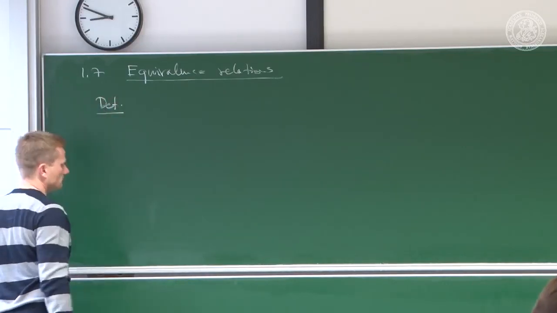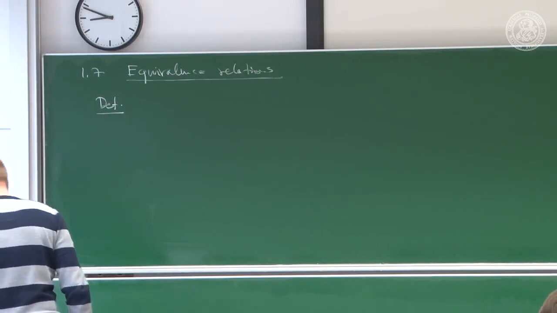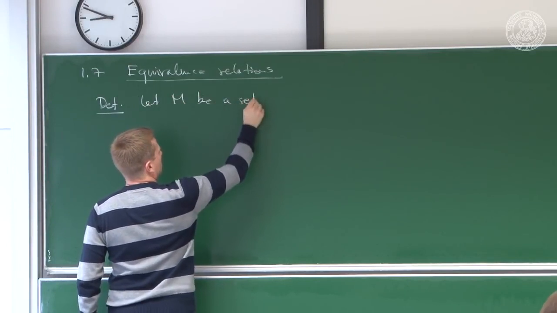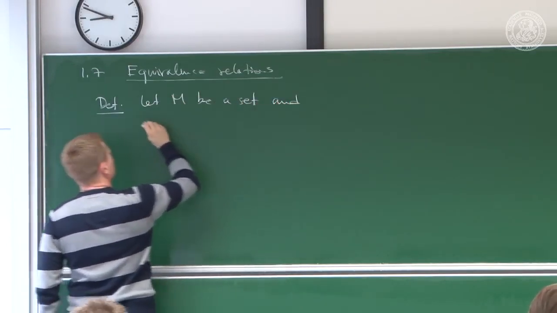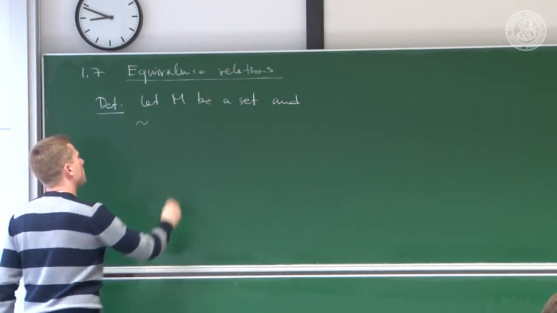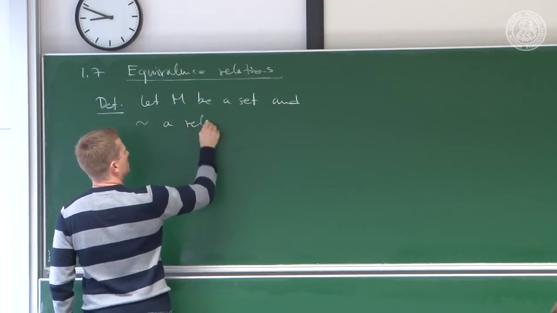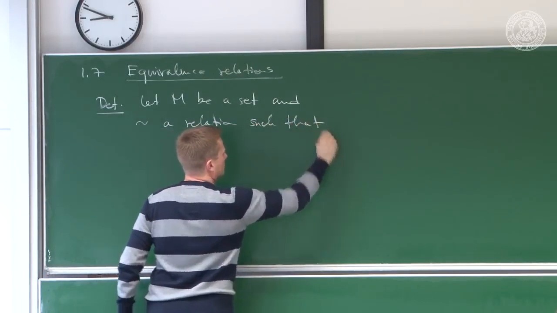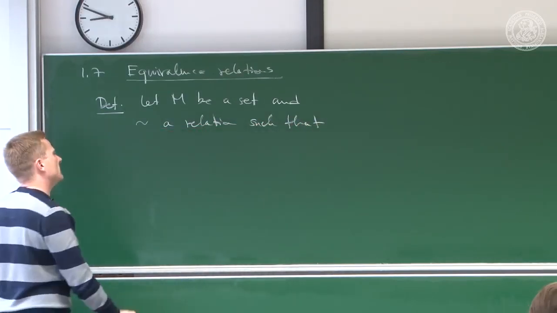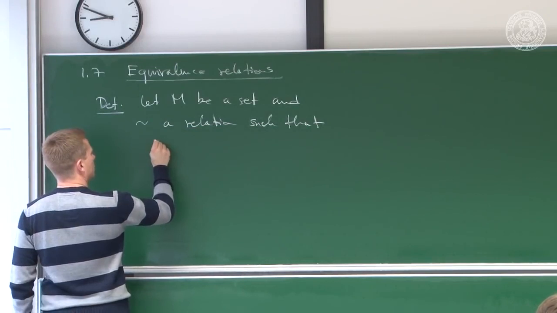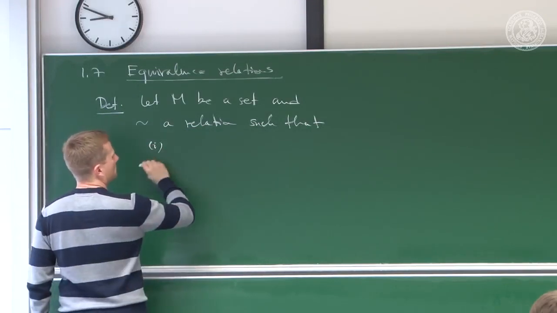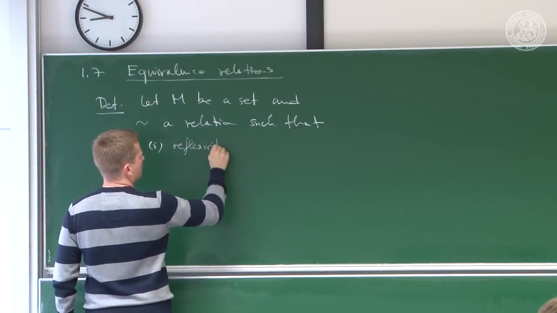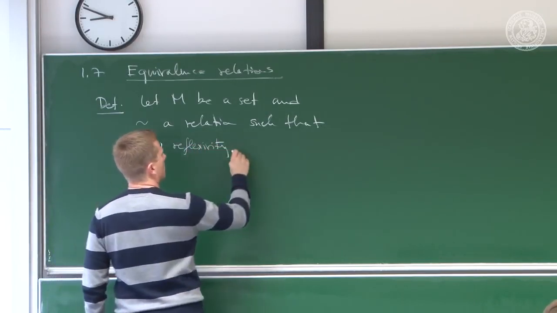So the definition is simple. Definition. Let M be a set and twiddle a relation such that there are three axioms to be satisfied. The first one we call reflexivity, such that reflexivity holds.